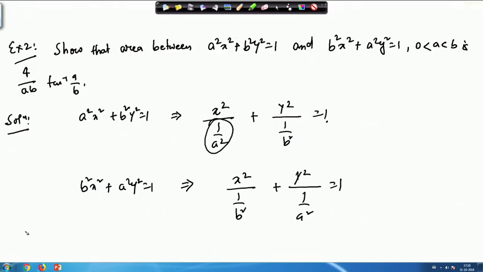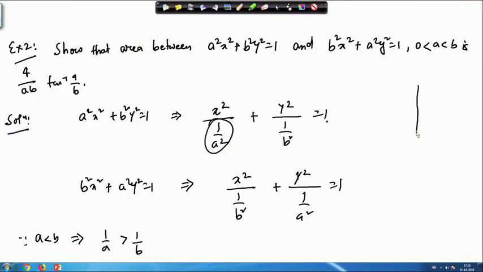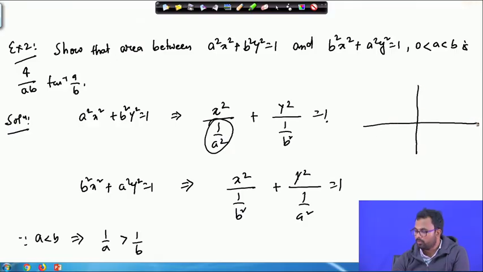Now we note that a is less than b. So since a is less than b, it implies that 1 by a is greater than 1 by b. So now we are ready to draw our area bounded between these two curves. So this is our x-axis, this is our y-axis, that's the origin. If 1 by a is greater than 1 by b, then this will act as the length of the semi-major axis, and this will act as the semi-minor axis.